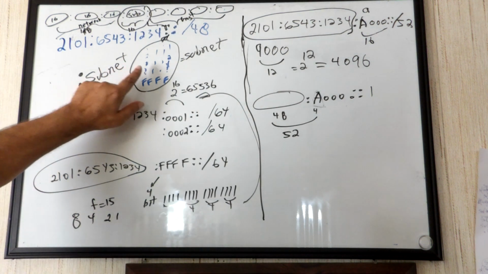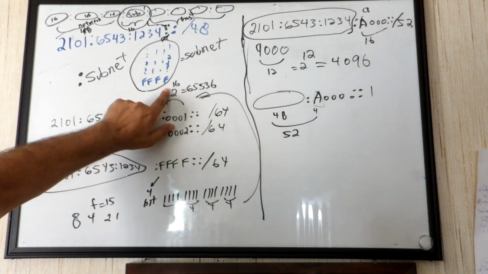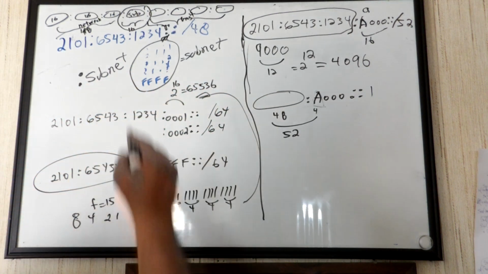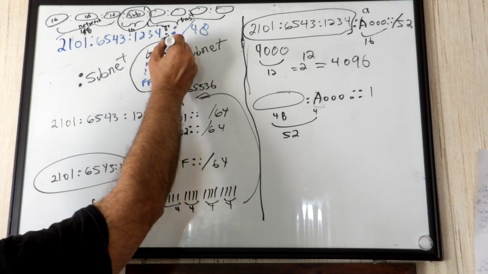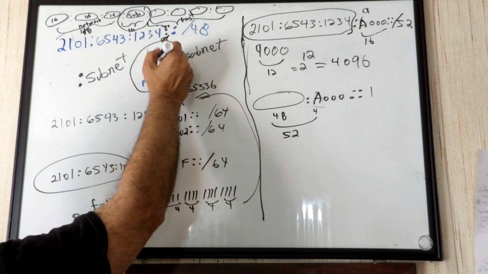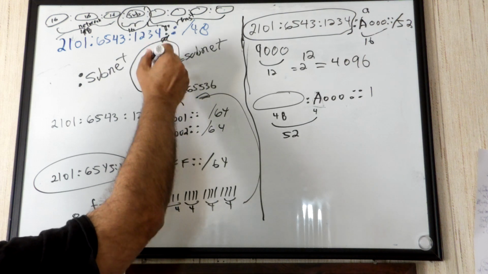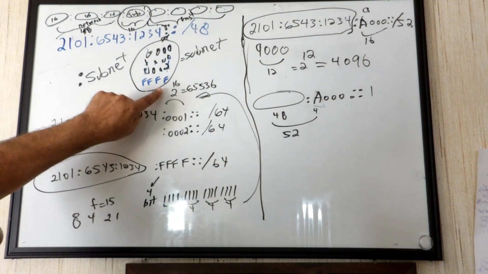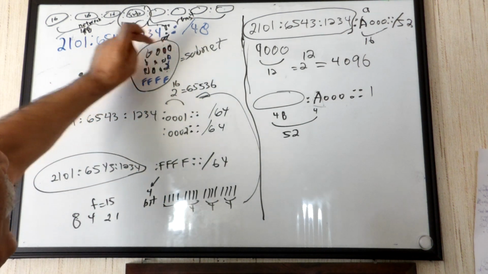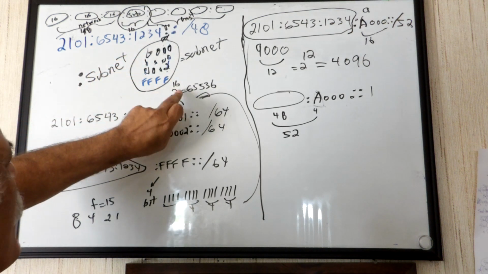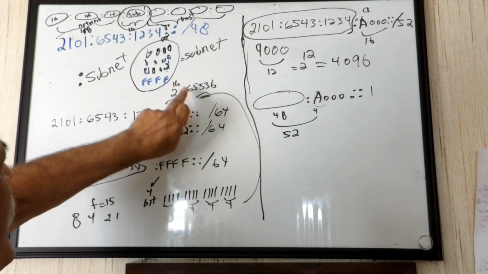And here with 48, it's actually 2 to the power of 16, because all 4 of these digits, 0001, 0002, all 4 of them belong to subnet. So the total number of subnets is going to be 2 to the power of 16. Why 16?